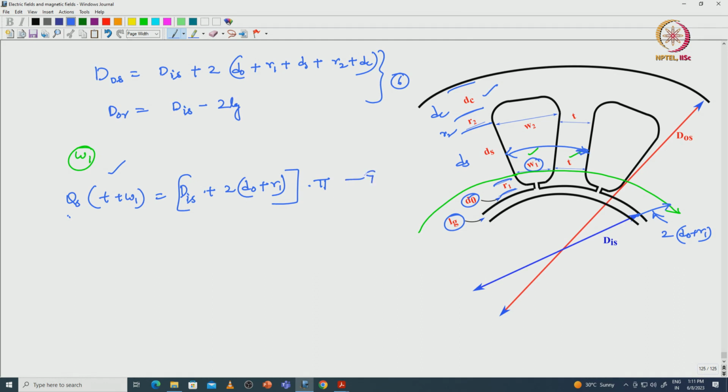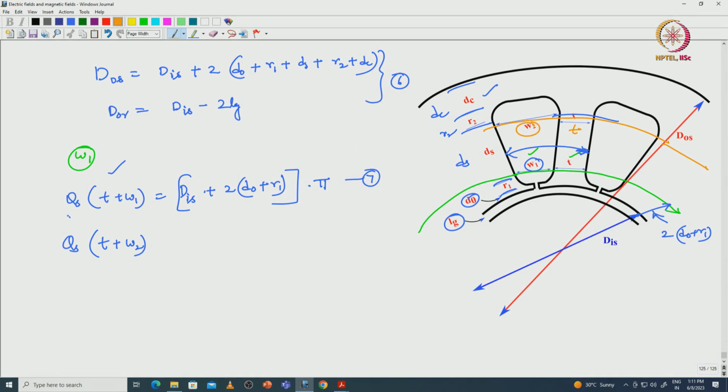This is equation 7. Similarly, the perimeter with respect to W2 at the slot top side at this particular point, where W2 we know and T also we know.